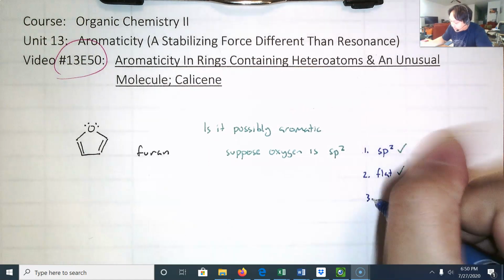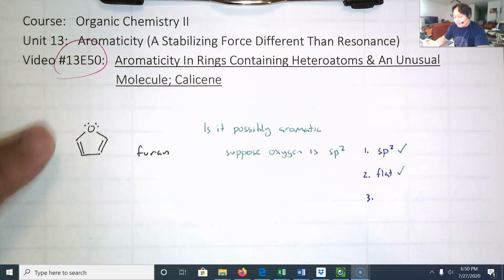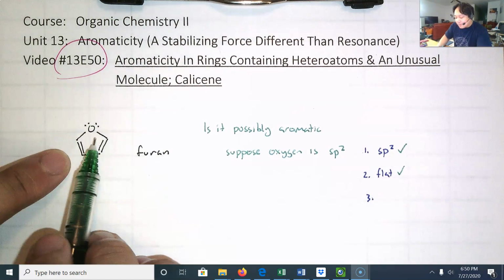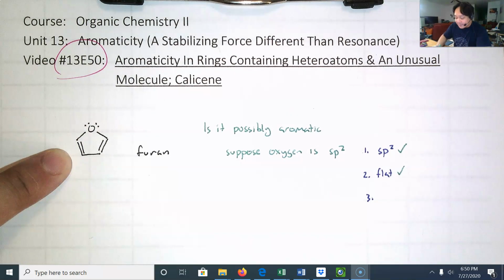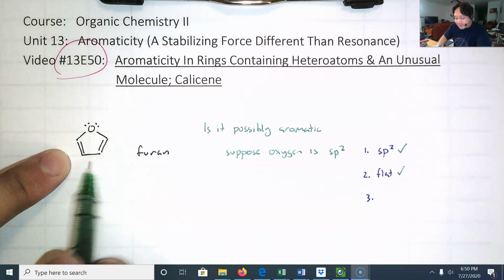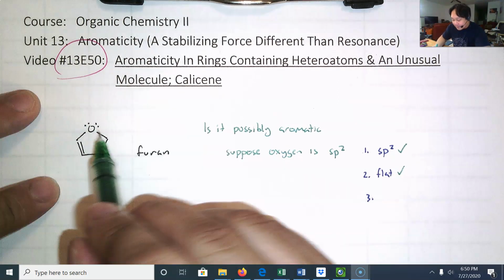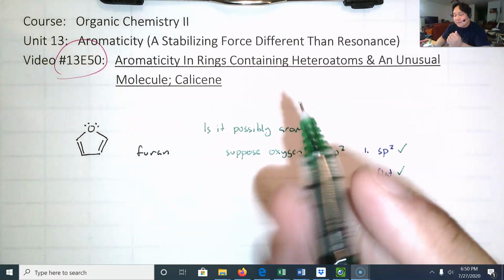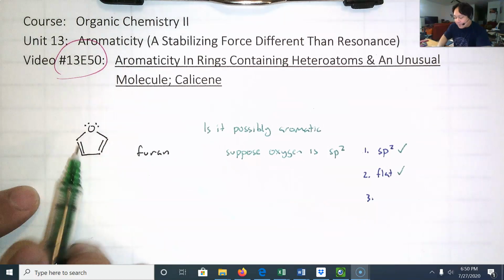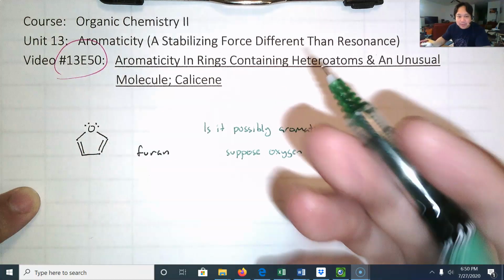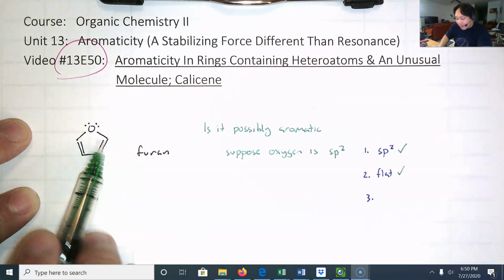Number 3 is the hard part, because for this to have resonance, you could draw resonance, well, for that to actually happen, one of these lone pairs has to be in a p orbital, or else how can you make a pi bond?